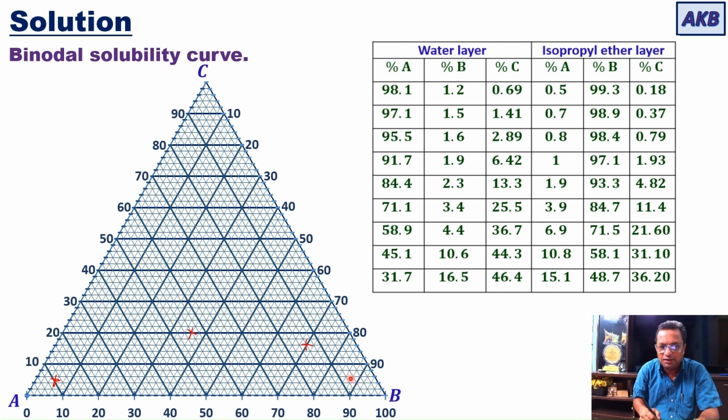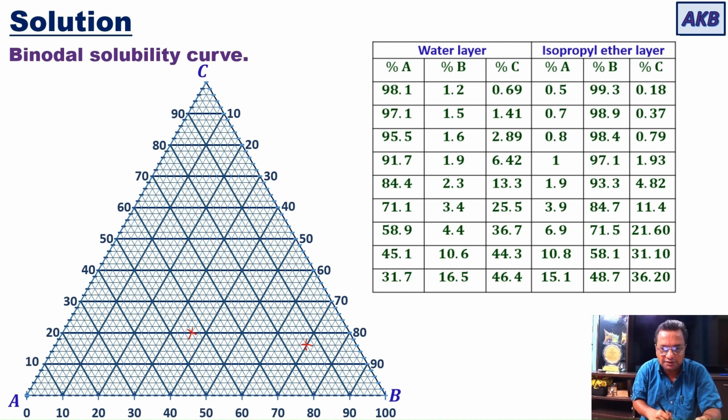Lines parallel to the side AC will give percentage of B in the mixture, and lines parallel to the side AB will give percentage of C in the mixture. So we are going to use this concept for plotting the binodal solubility curve. So let us go ahead.